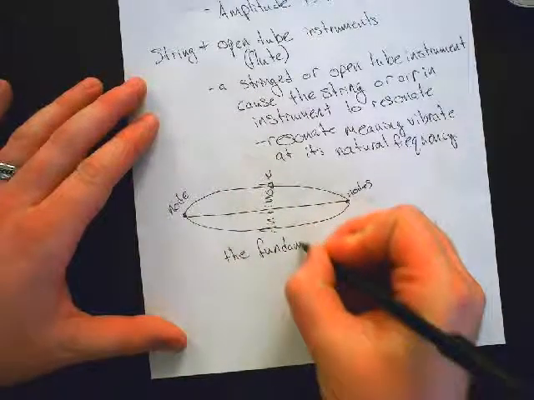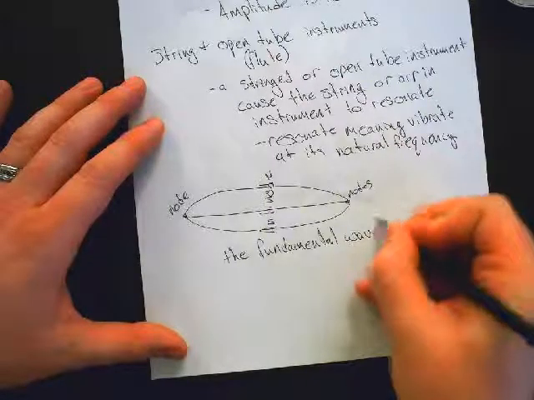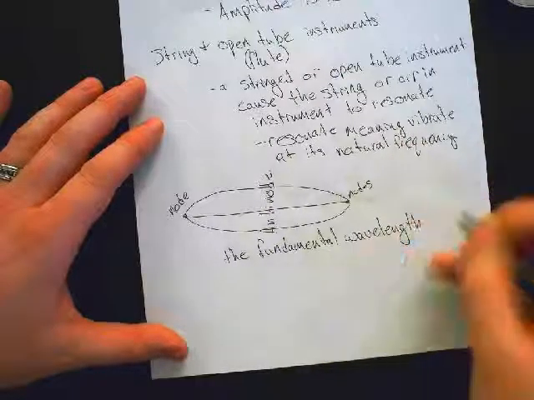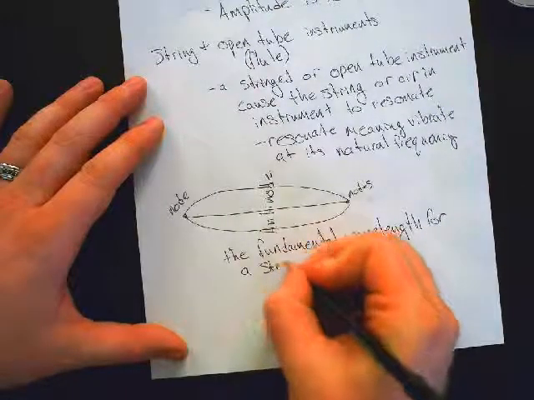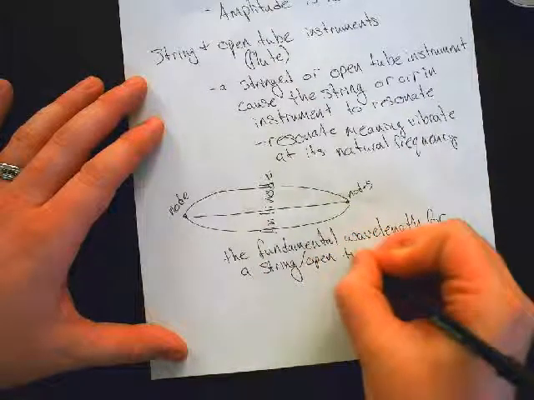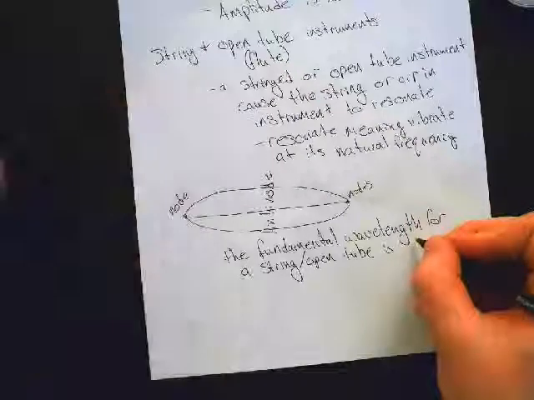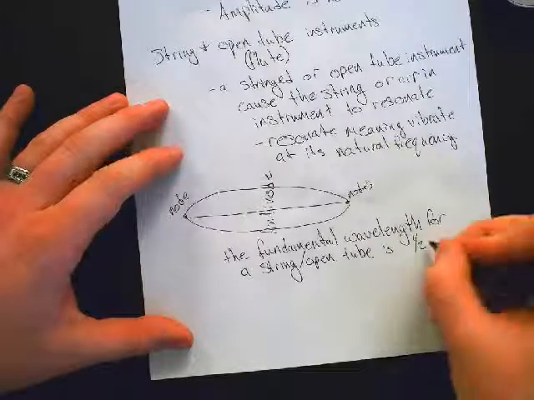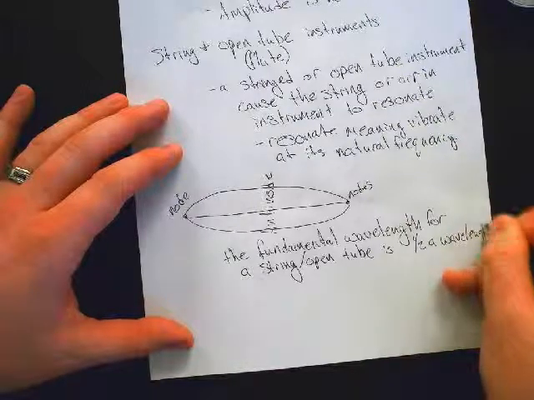The fundamental wavelength for a string or open tube is one half a wavelength from end to end.